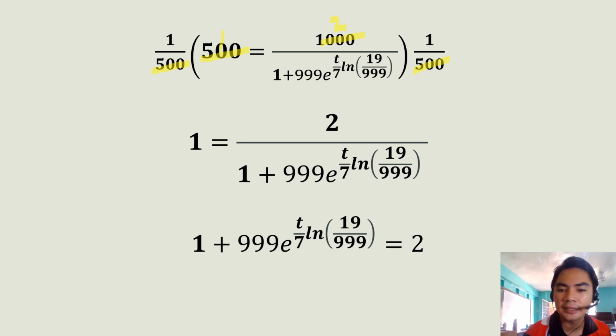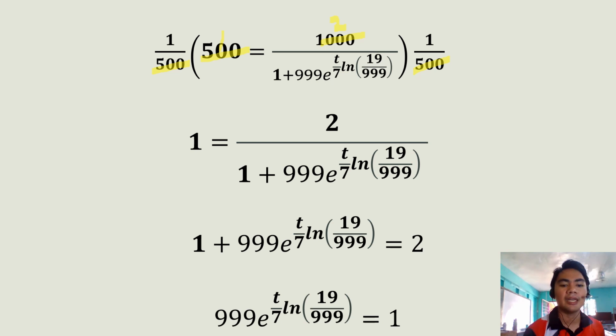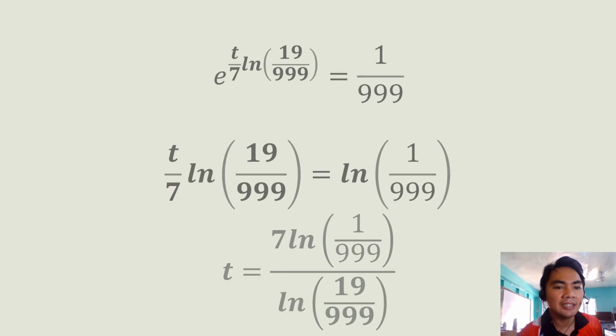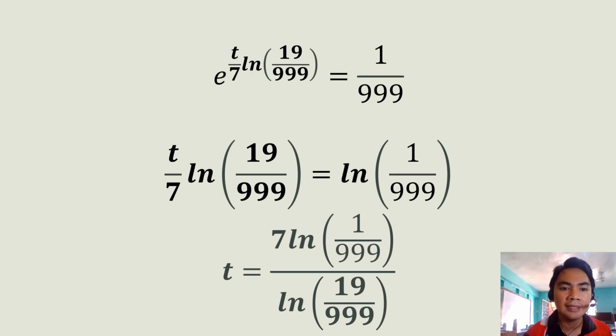So let's subtract both sides by 1. So it will become 999 e raised to t over 7 ln of 19 over 999 is equal to 1. And let us divide both sides by 999. So it will remain e raised to t over 7 ln of 19 over 999 is equal to 1 over 999.